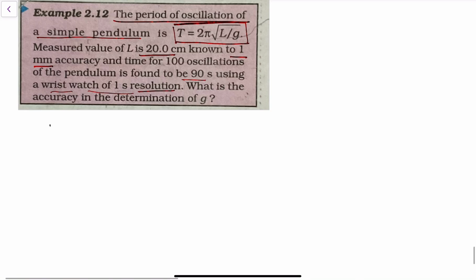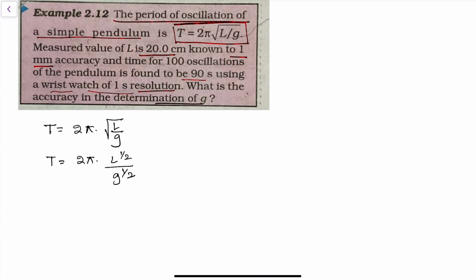See, T is equal to 2 pi into root over L by g, so T is equal to 2 pi into L power 1 by 2 g power 1 by 2. But what they asked is g. If they ask for T, delta T by T, we can write it easily.